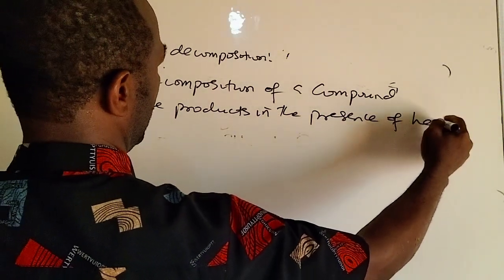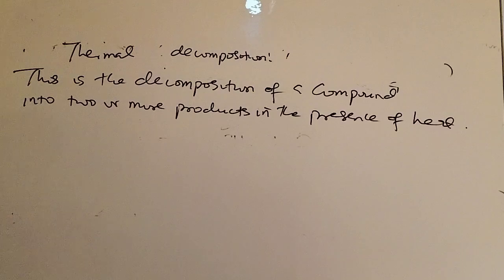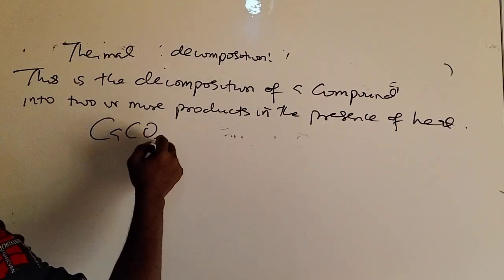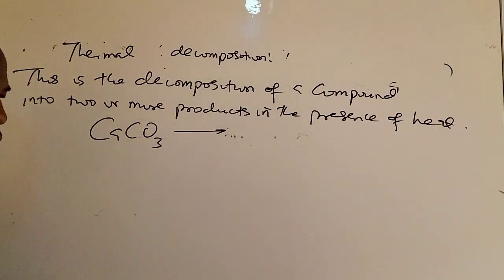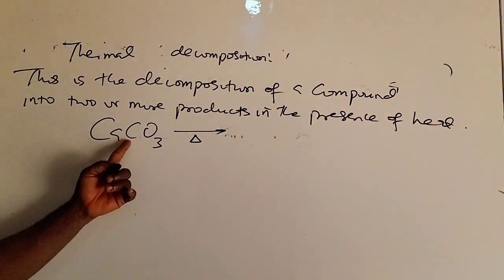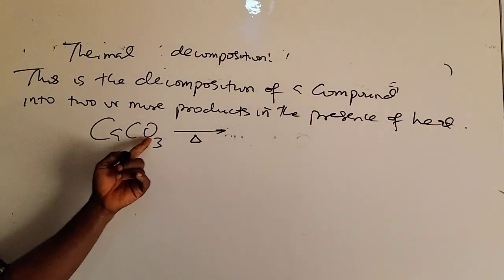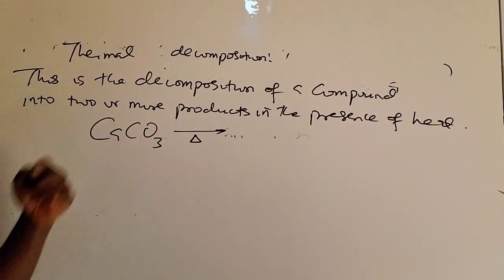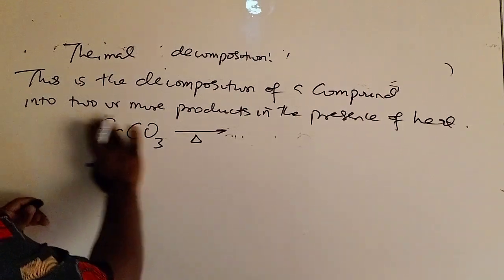So we'll call this thermal decomposition reaction. For example, when we heat limestone, or when we heat metal carbonates, CO3 refers to carbonate, of a divalent metal. Divalent means metals whose valency is 2. Let me give you a general form.